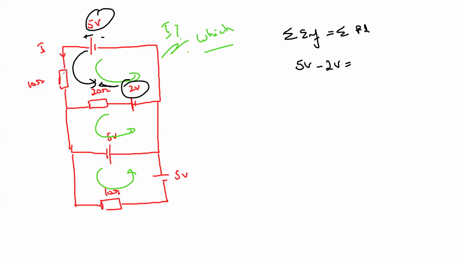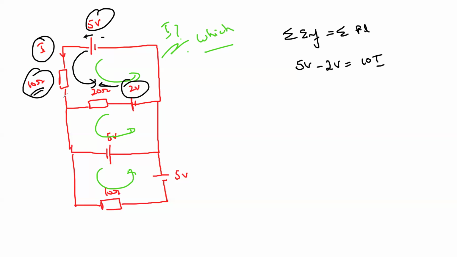And what about the total potential difference? It will be 10I, because the current here is I and the resistance is 10.